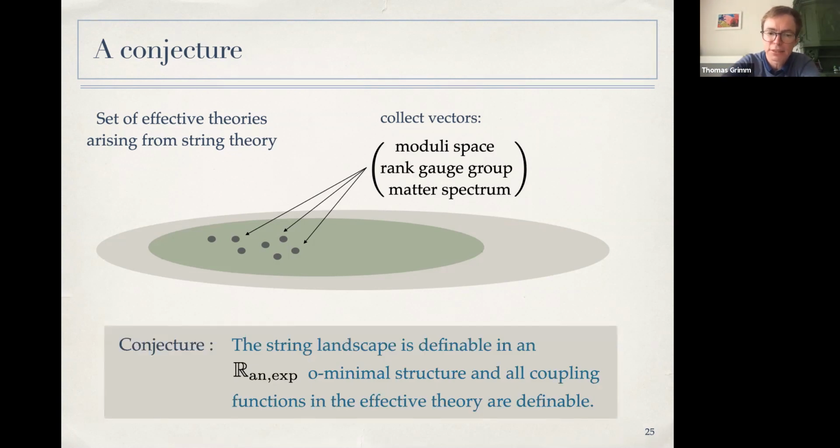And I claim that the string theory landscape built out of this information is definable in this O-minimal structure. And all the coupling functions of the effective theory are definable as well in this structure, so they all respect these finiteness properties. Finiteness is by no means just a yes or no statement. It actually constrains every function you have in your theory. And I think, if true, that would be remarkable.